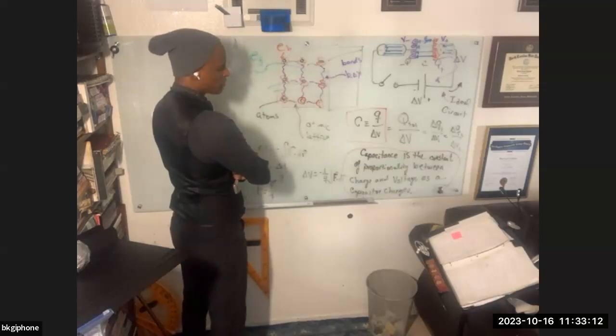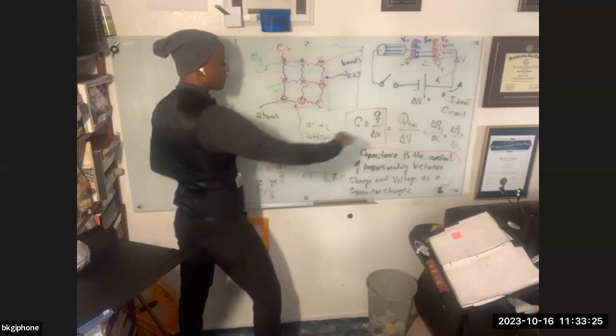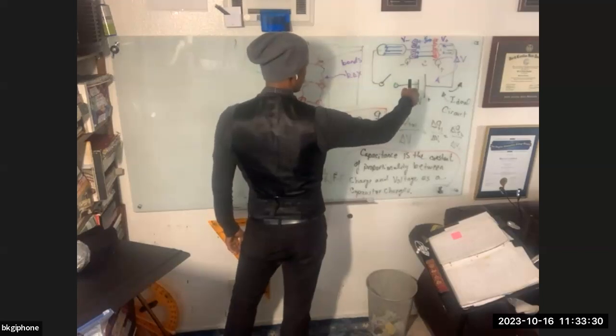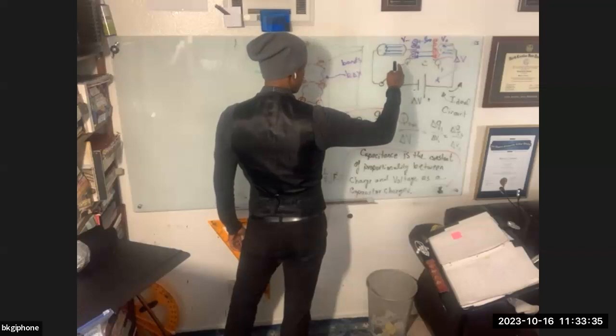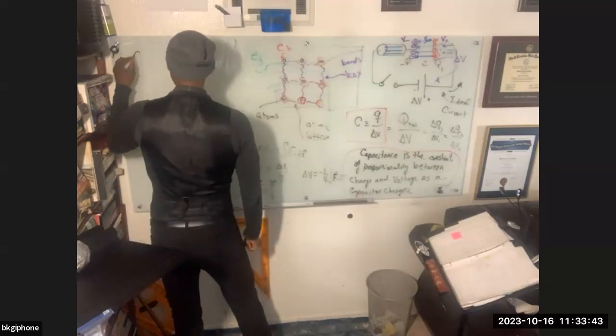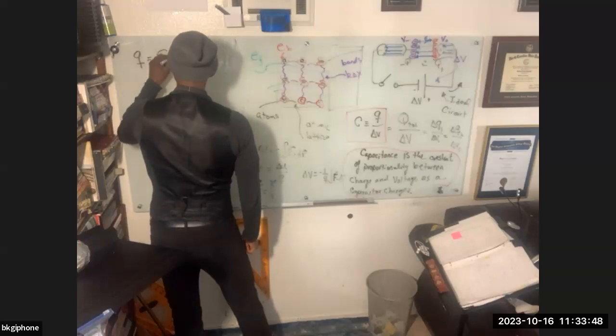You see it done different ways, I guess, but I think we could ramp the voltage. So if we had a variable voltage here, voltage would be the independent variable, and charge is the dependent variable. So we could write this as Q is equal to C delta V.